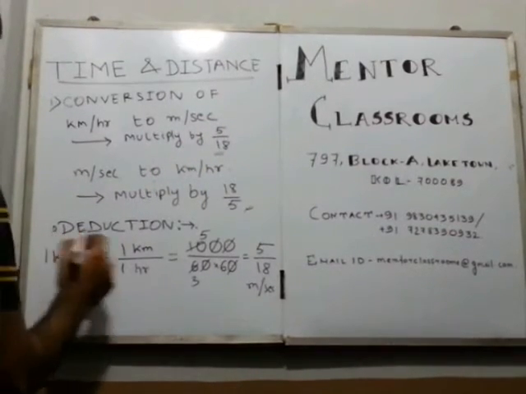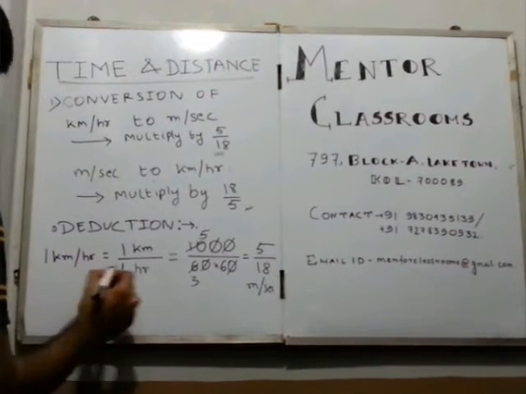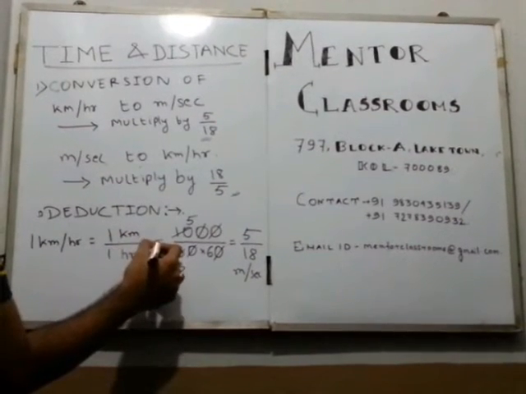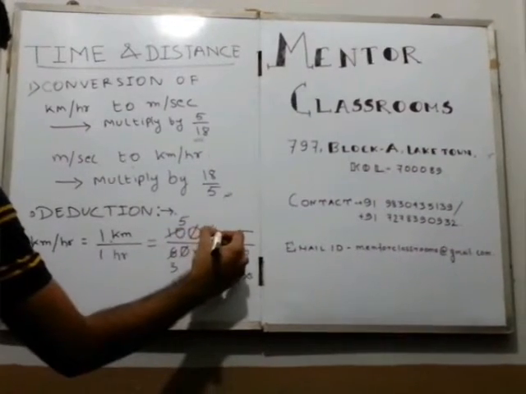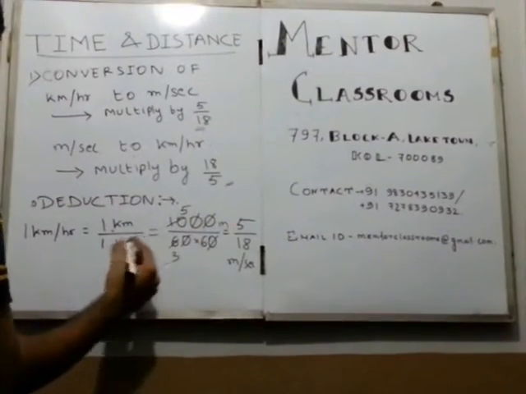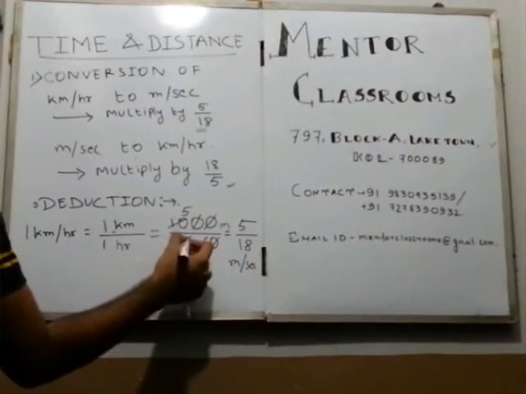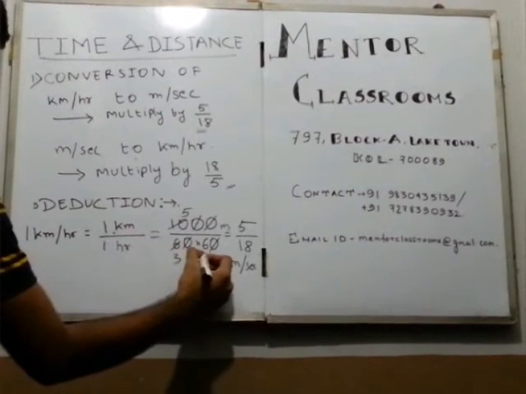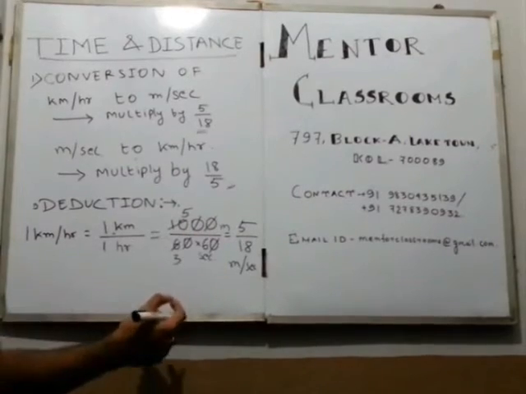So here is the deduction guys. As you can see, 1 kilometer per hour, I can write as 1 kilometer by 1 hour, and then convert this 1 kilometer into meters, that is 1000 meter, and 1 hour to seconds, that is 60 minute cross 60 seconds, so 3600 seconds.